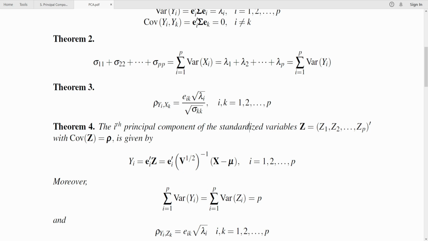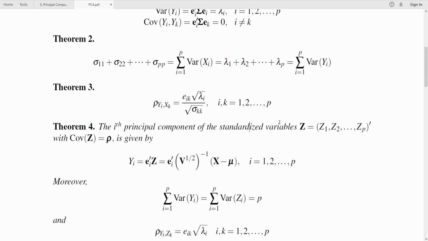If some variable, for example x1, has large numbers in the thousands, and another variable has a small range, for example 0 point something or 1, 2, obviously the variance of the first one is going to be much larger, so it is going to have much more impact on our principal components.